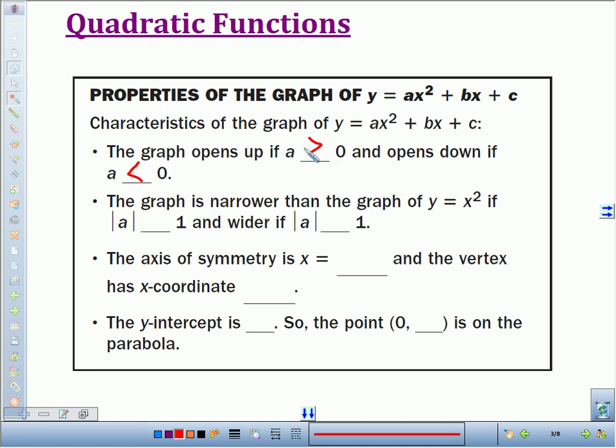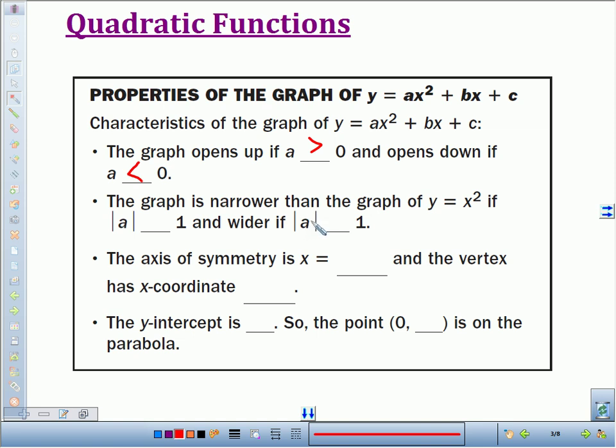So if a is a positive number, it opens upwards. If a is a negative number, it opens downwards. This is really similar to when we did absolute values. When we did absolute values, we saw that if that a, that number in front, was negative, it opened downwards. And if it was positive, it opened upwards. There are going to be a lot of similarities between the two.